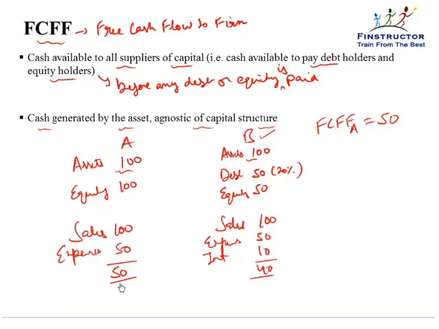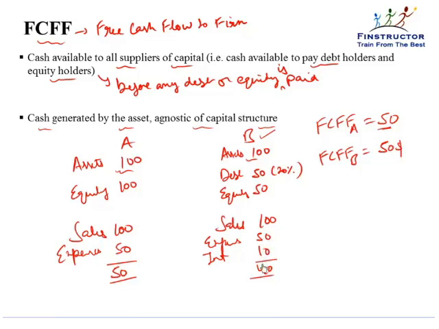I haven't paid any debt or any equity. There is no debt, so I will have to pay no debt, but I haven't yet paid my equity holders either. This is the cash, that is $50, available that I can pay to my equity holders if I want. Similarly, the free cash flow to firm for company B would also be $50.